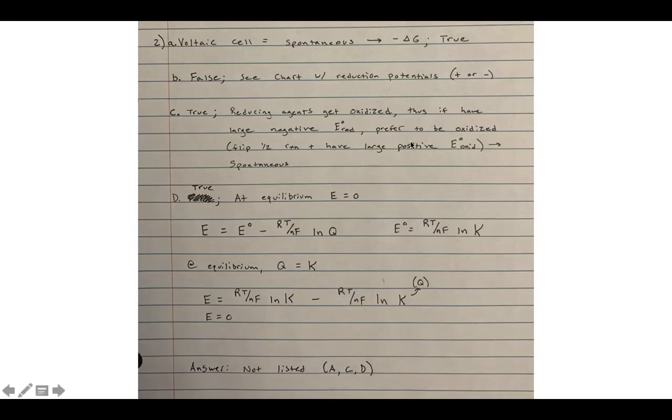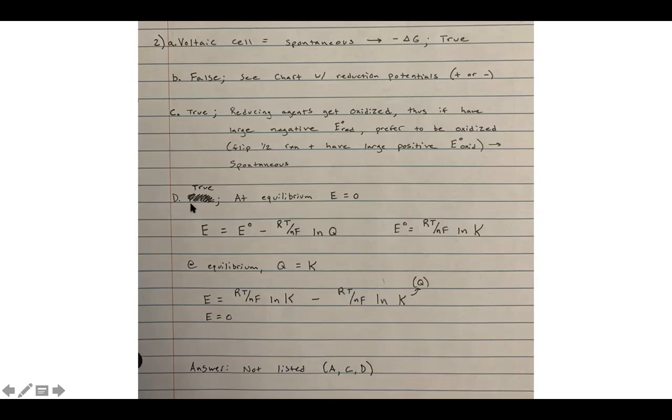If they're getting oxidized and their reduction potential is negative, we have to flip the equation, which means your oxidation potential will be a large positive number, which will cause the reaction to be spontaneous. Those really large negative reduction potentials like to be oxidized. They preferentially want to be oxidized because that helps yield a spontaneous reaction.